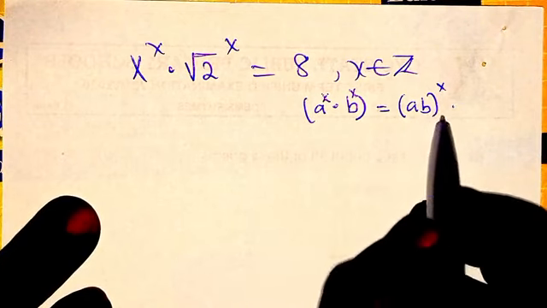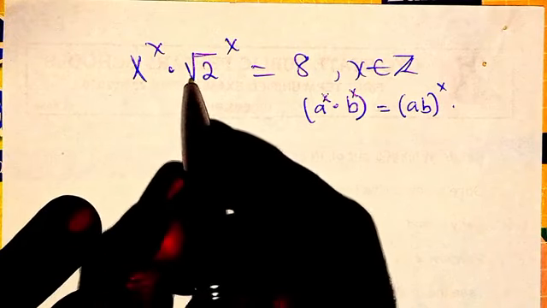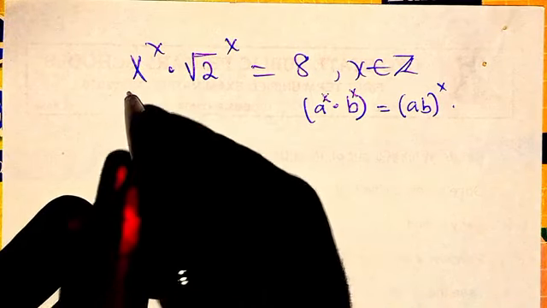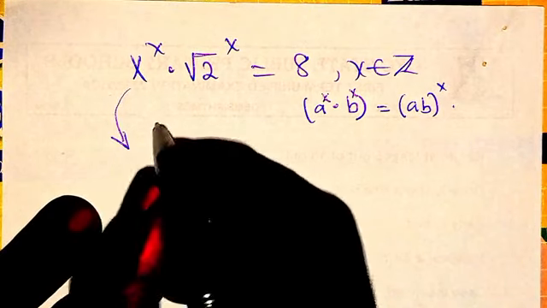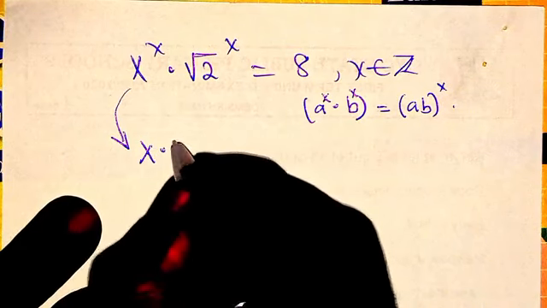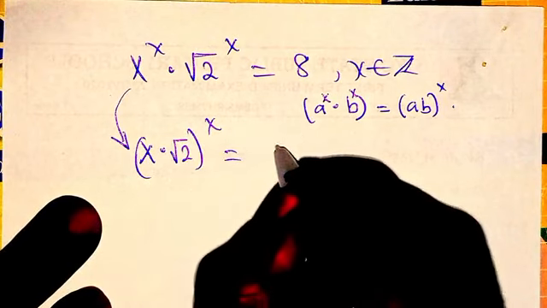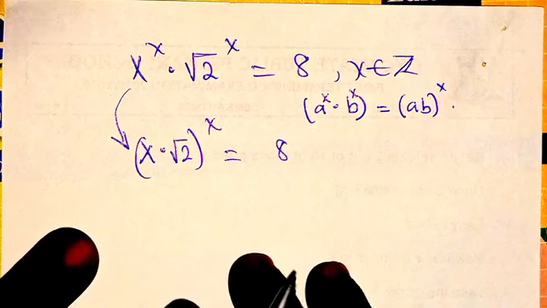So the same thing we are going to do here: x and root 2, we write it like this, (x multiplied by root 2) to power x equals 8.